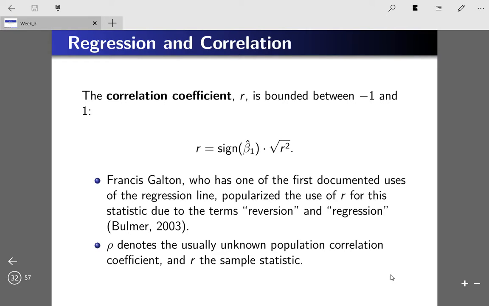So that would be denoted with rho. And if we just had a sample of just, say, 20 Augsburg students, and we looked at the correlation in that one sample between the students' height and BMI, we would denote that with R rather than rho. So that's just a little bit about the correlation coefficient.